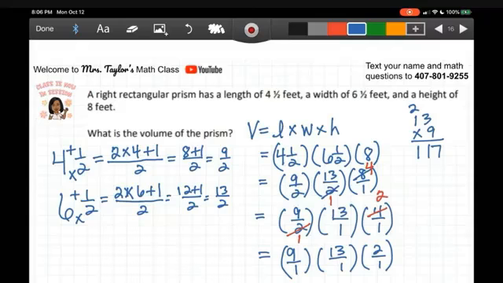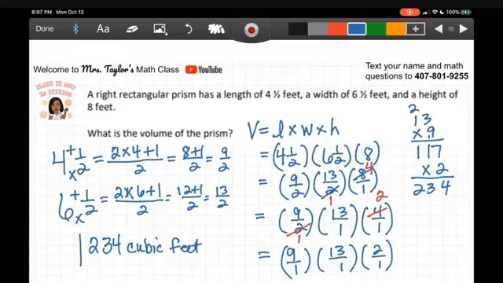And now I need to multiply this by 2, which gives 234. So the final answer would be 234 cubic feet as your final answer for the volume.